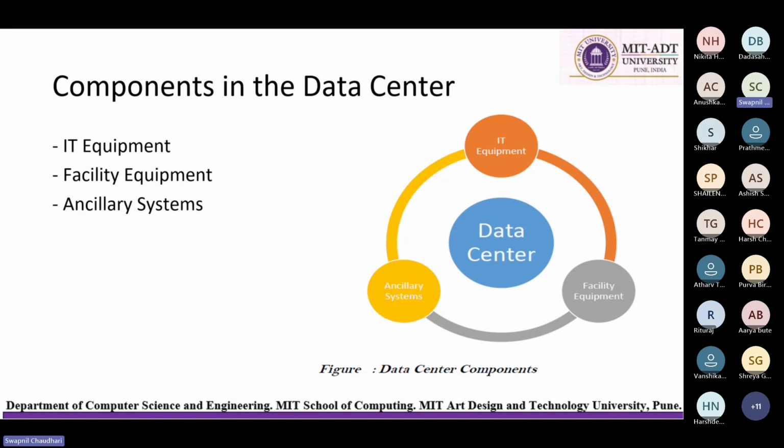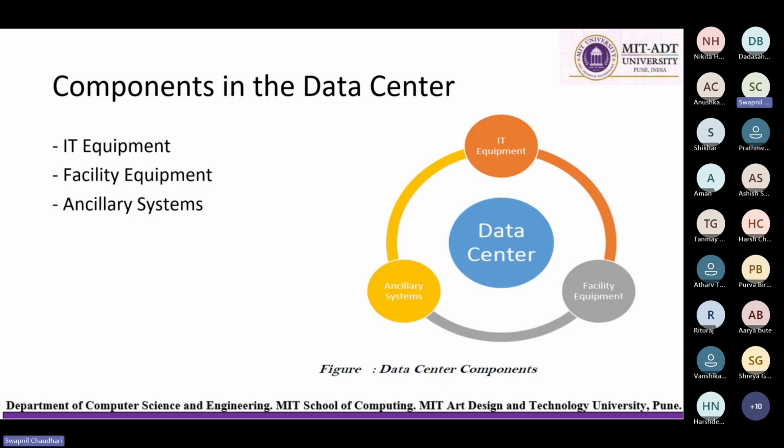What can we say more about the ancillary system? All this IT equipment, facility equipment, and ancillary equipment are interconnected. IT equipment needs power, which the facility provides. IT equipment generates heat, and the cooling must handle it.